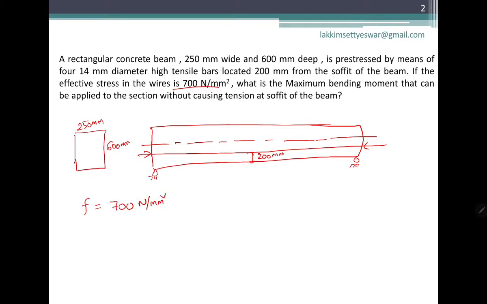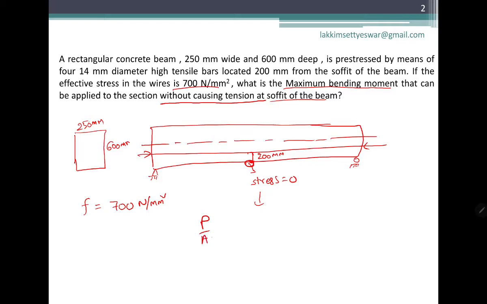Now, what is the maximum bending moment that can be applied to the section without causing tension at the soffit of the beam? Please remember, without causing tension means at the bottom fiber stress is 0. Bottom of the beam stress is 0.